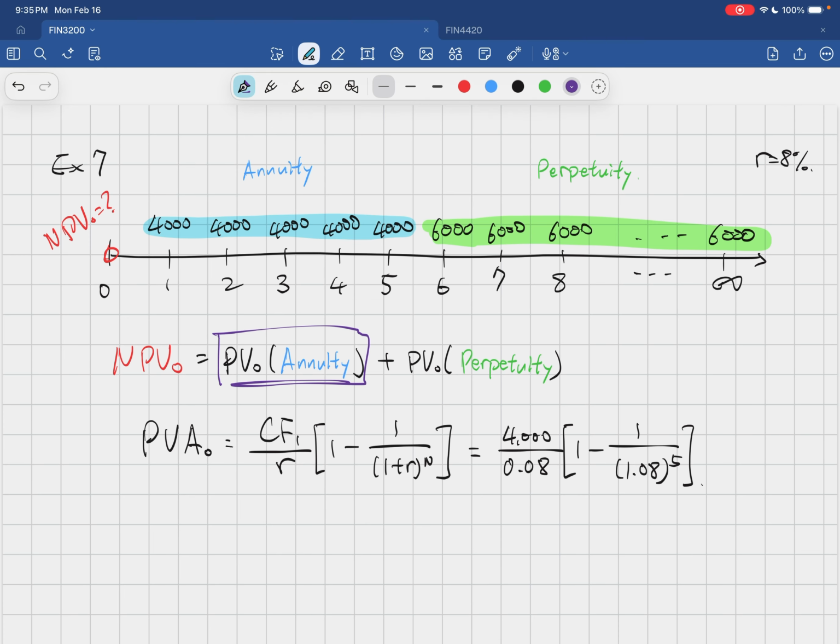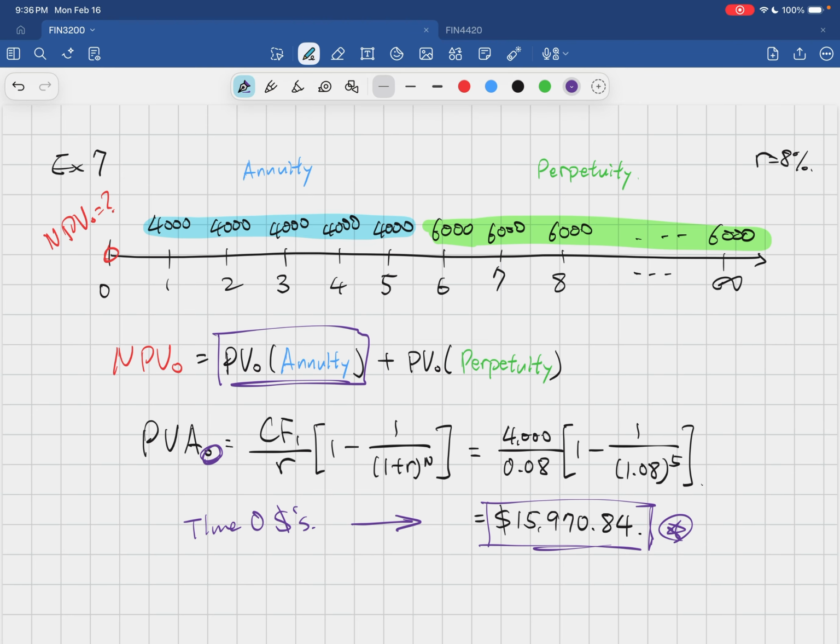So the present value of the annuity is $15,970.84. Note that this is already in time 0, since we have PVA as of time 0. So we'll keep this number.